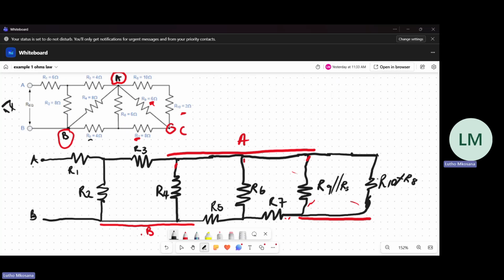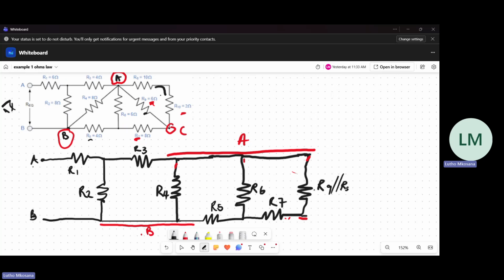This is R series for this parallel combination. And then we are now just eliminating or calculating the series and parallel combination of the two. Then this resistor over here would be the series combination of R8 and R10, and then the parallel of R9 and that series combination, and then we would be left with this resistor value.